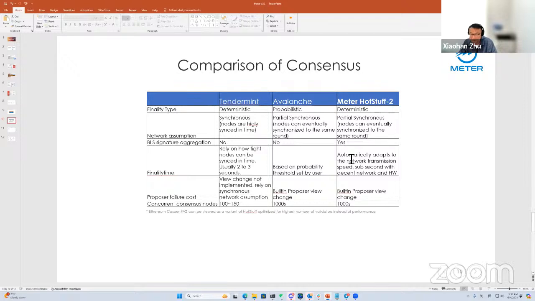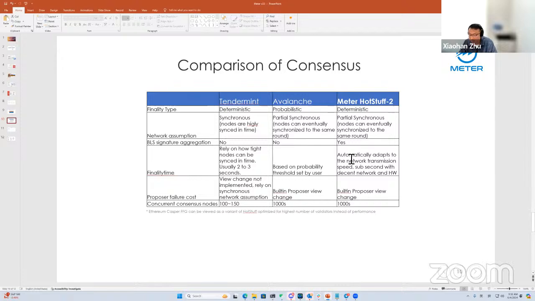Then there is HotStuff or HotStuff 2. Actually, Ethereum FFG you can view as a variant of HotStuff. And Meter is basically running on HotStuff 2. But we took a slightly different trade-off from Ethereum.